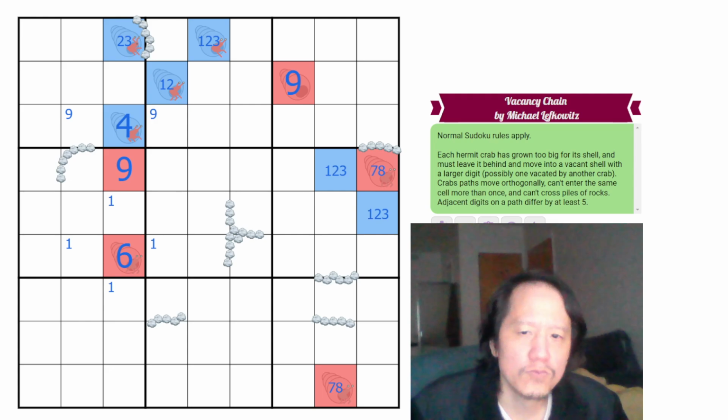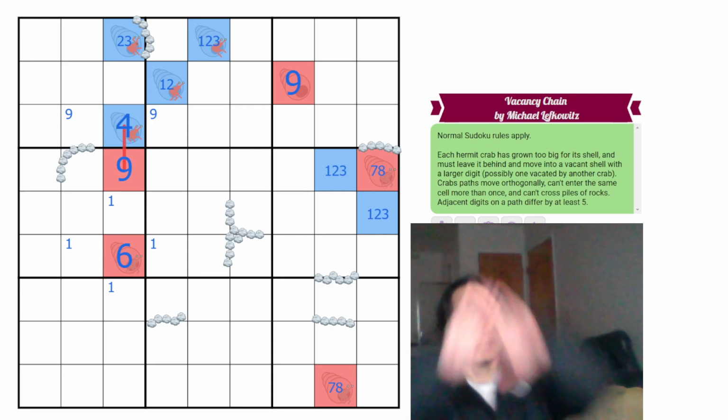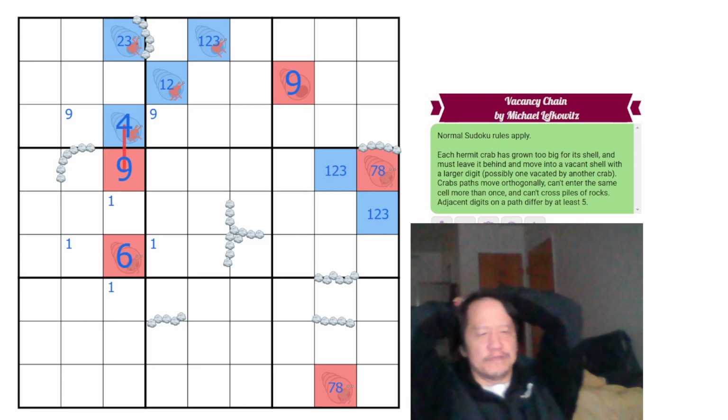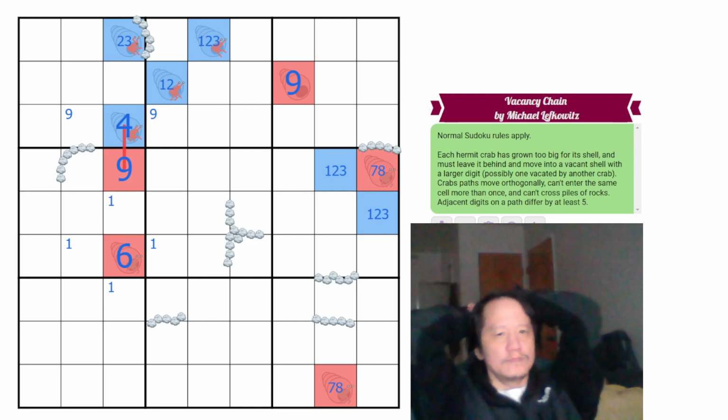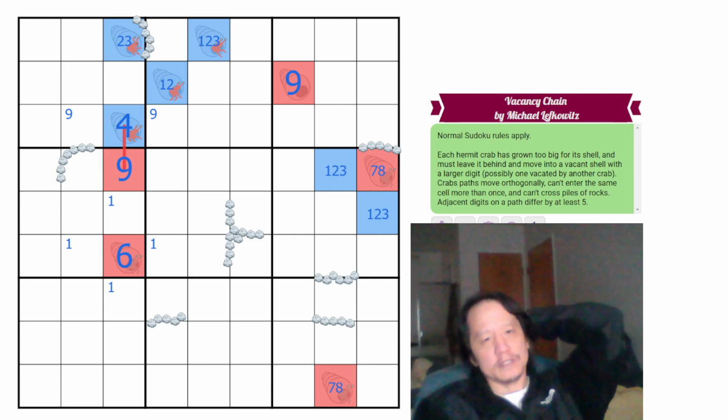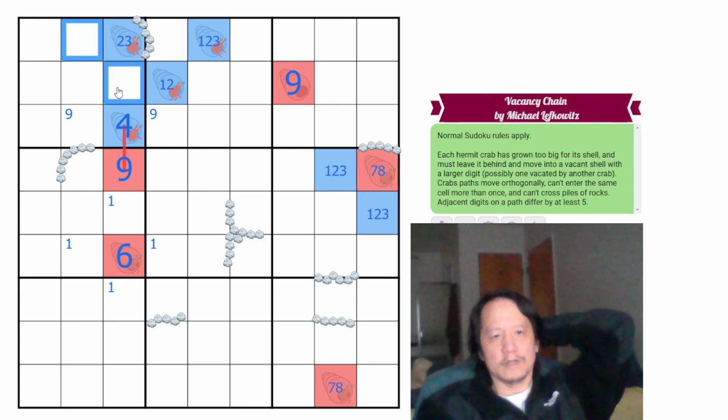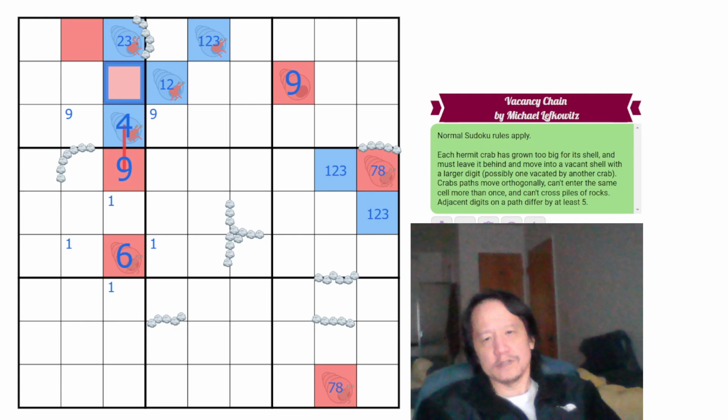This must connect. Ooh, this is rough. Which means this has to have an exit and entrance on both those. So this is 7 or 8. And this is 7, 8, or 9.